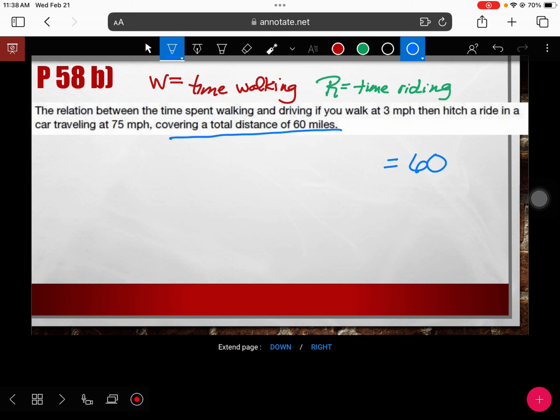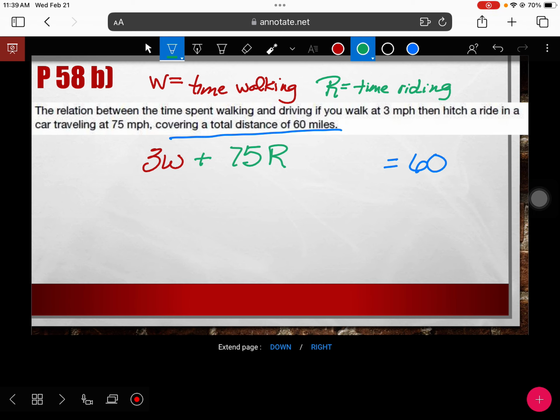You got the equation? All right, lay it on me. I think it's 3W plus 75R equals 60. What do you guys think of that? Yeah? A lot of head nods, a lot of bobbleheads. Okay.